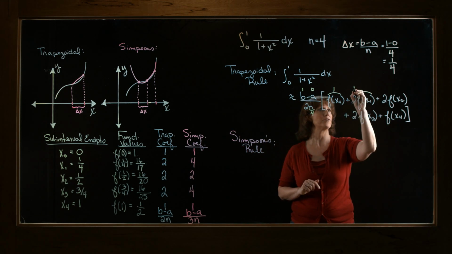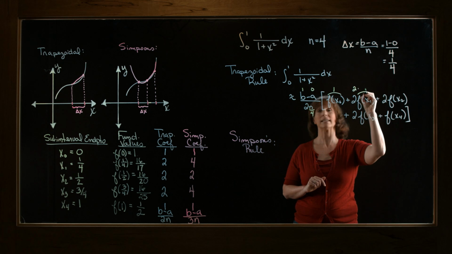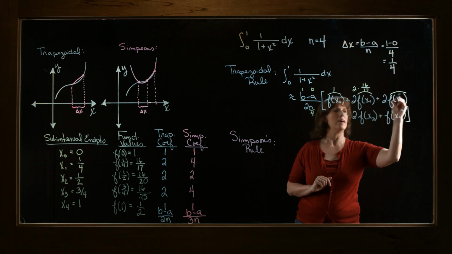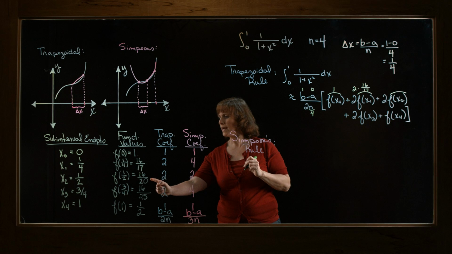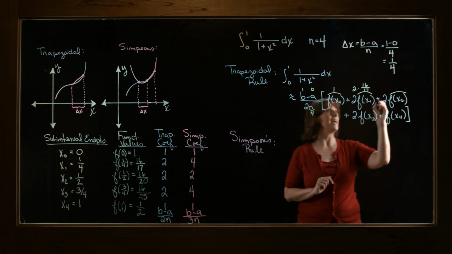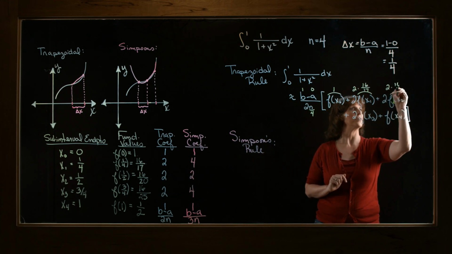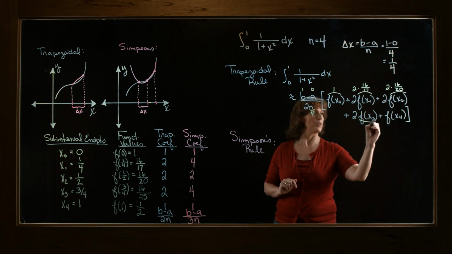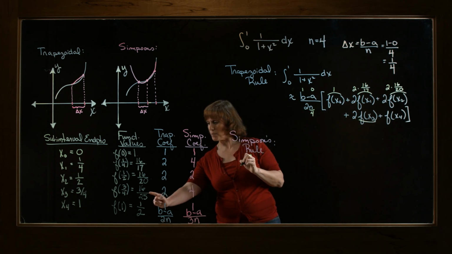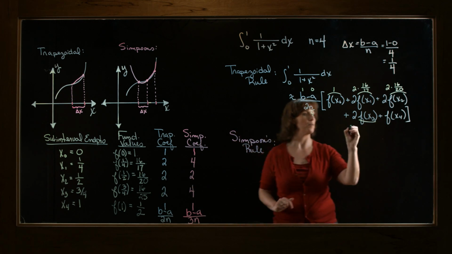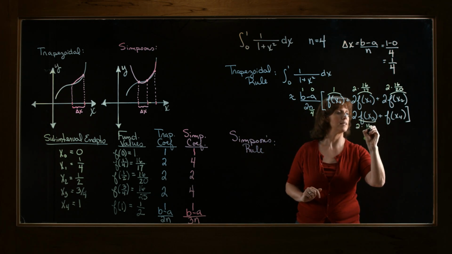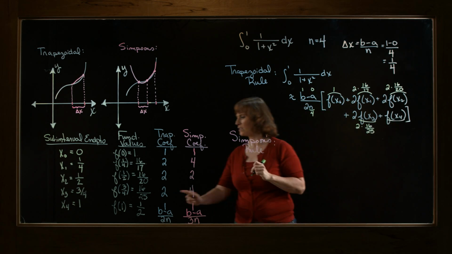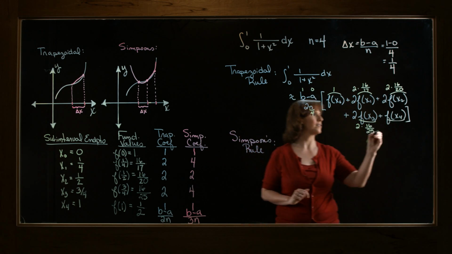But remember, I have to mark this as 2 times 16 divided by 17. F of x sub 2 is 16 over 20. But again, 2 times that value. F of x sub 3 is going to be 16 over 25. But again, 2 times 16 over 25. And finally, my f of x sub 4 is 1/2.